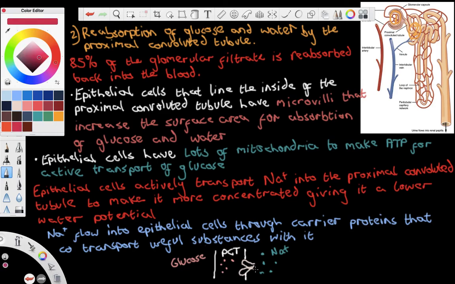So we would move these sodium ions into the proximal convoluted tubule and we would move glucose particles out, for example. Now this would require ATP in order to take place.